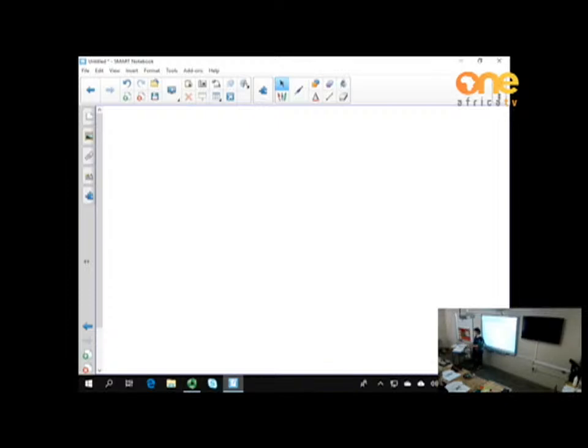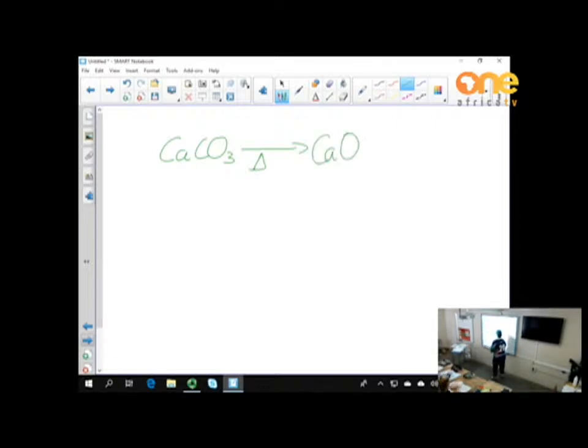I'm just going to go through the theory as it is in the textbook, starting off the industrial processes based on lime. Now, lime: if you heat calcium carbonate, it decomposes, and it forms calcium oxide plus carbon dioxide.